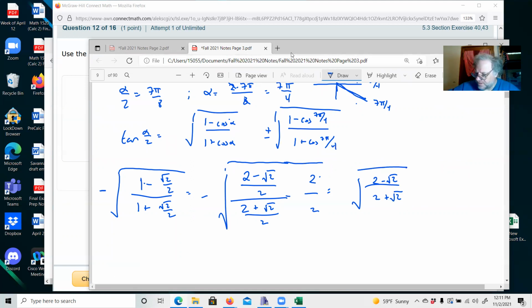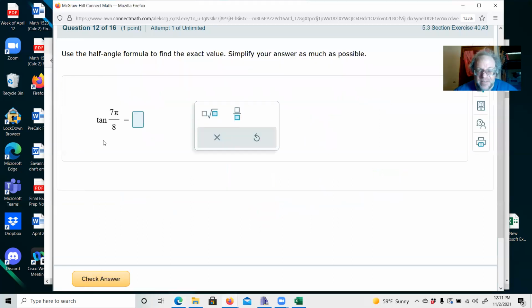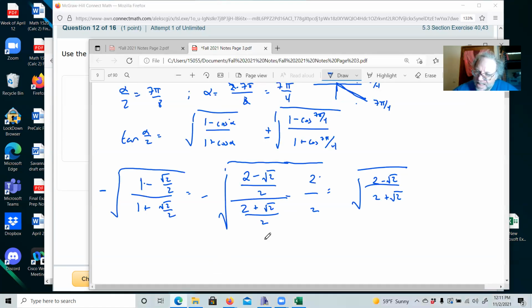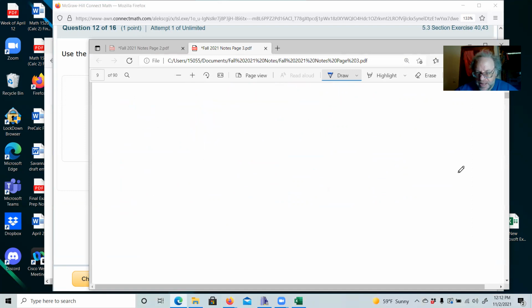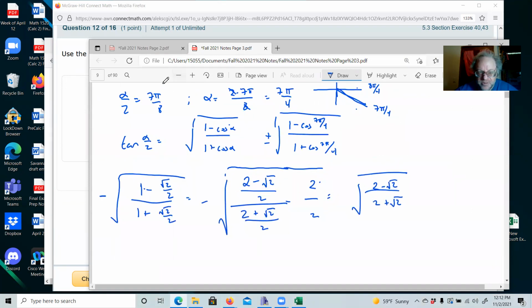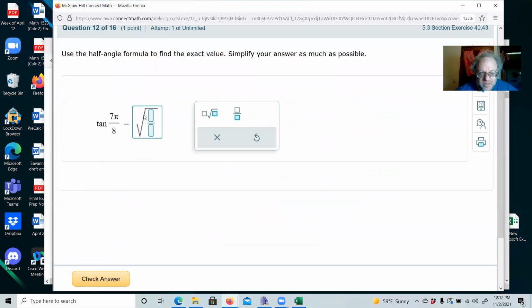What do they want? The next question is how they want me to write this down: simplify your answer as much as possible. I'd like to say I've simplified it as much as possible, but we could do a couple more things, but let's see if they'll take this. So we have the square root of a fraction, 2 minus root 2 over 2 plus root 2.